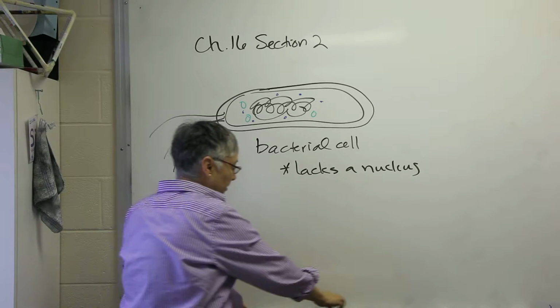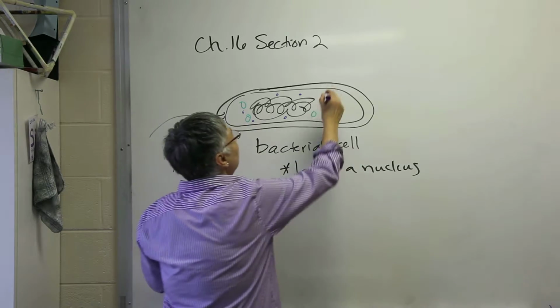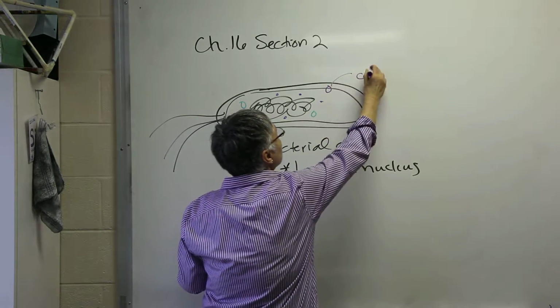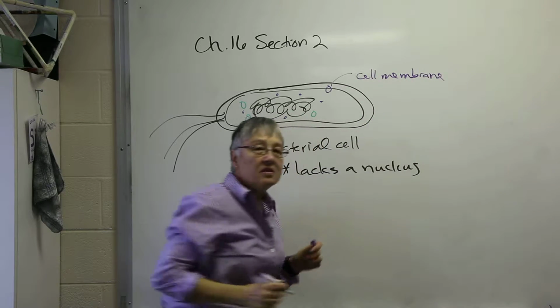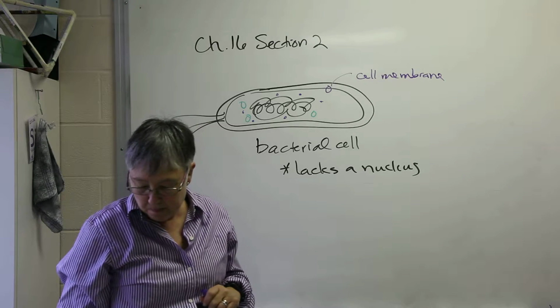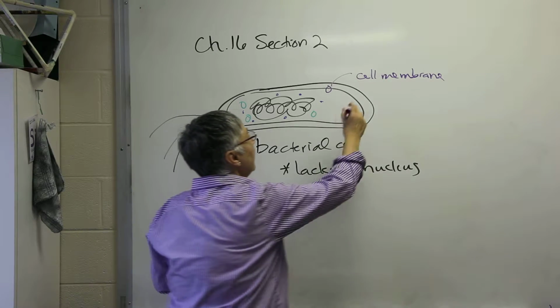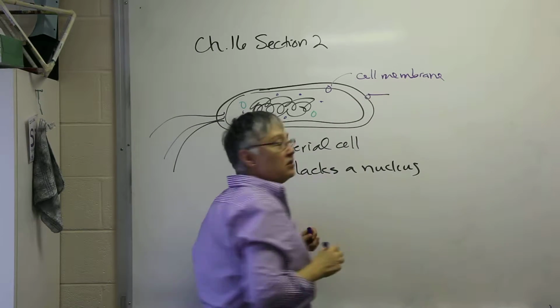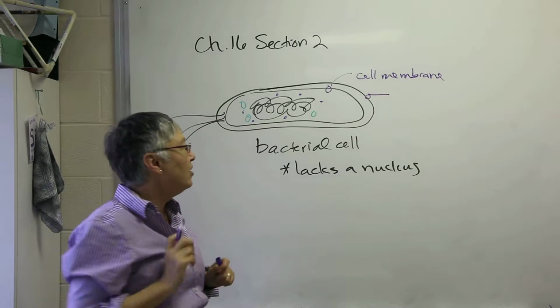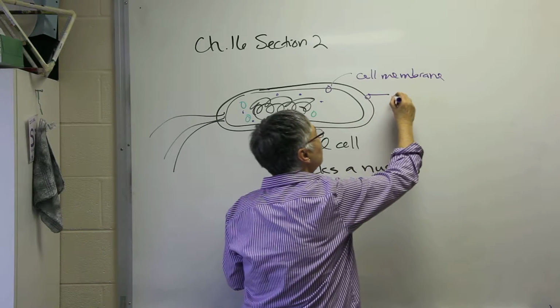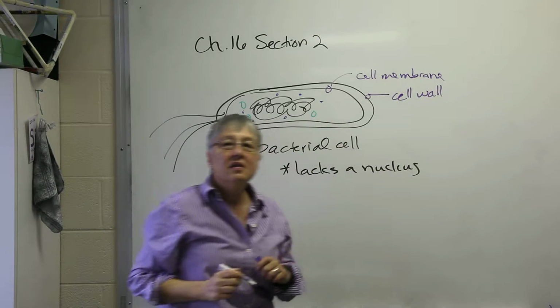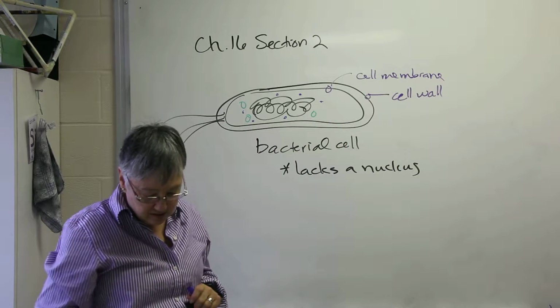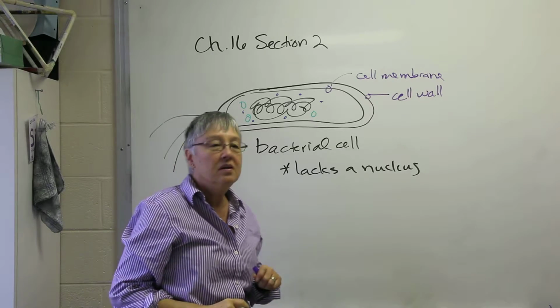In this diagram, this represents the cell membrane. So this is the phospholipid bilayer. Almost all, not quite all, but almost all bacteria cells have an outer cell wall that helps maintain its shape.